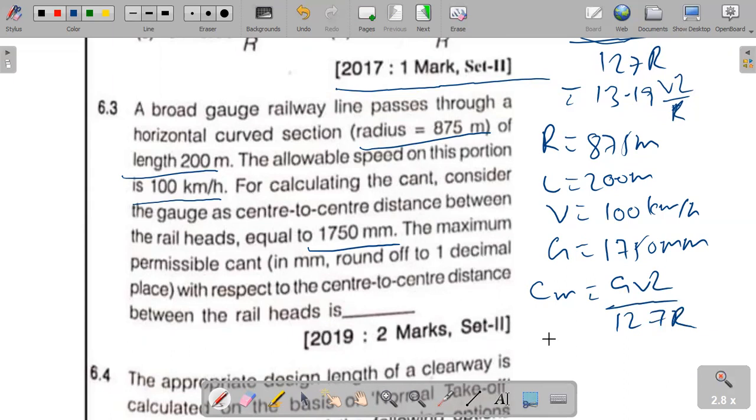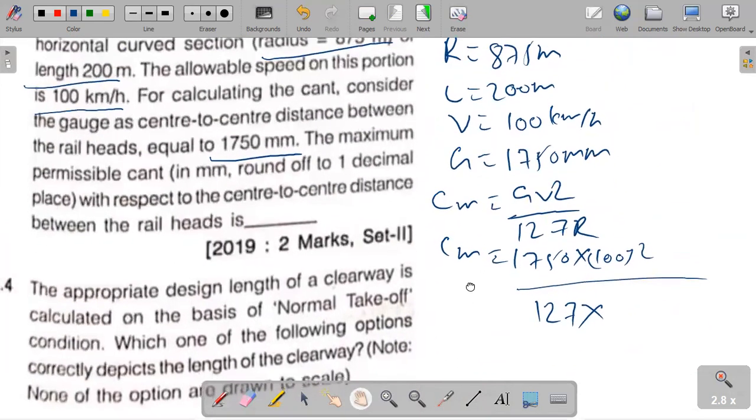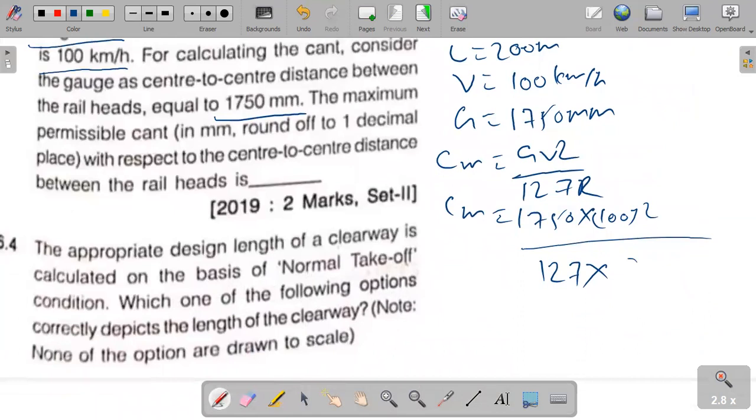So put in these values and you'll get the answer. So G is equal to 1750 into V, 100 square, upon 127 into radius. What radius is given? 875. So do this calculation and you'll get the answer.